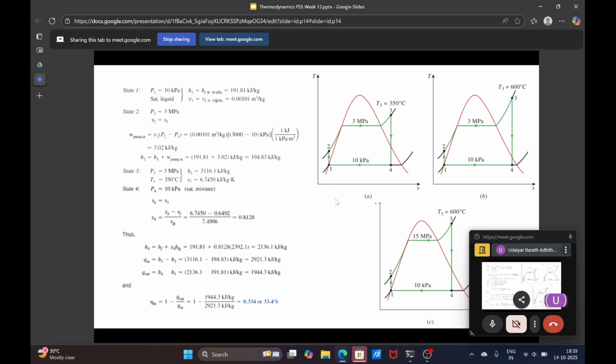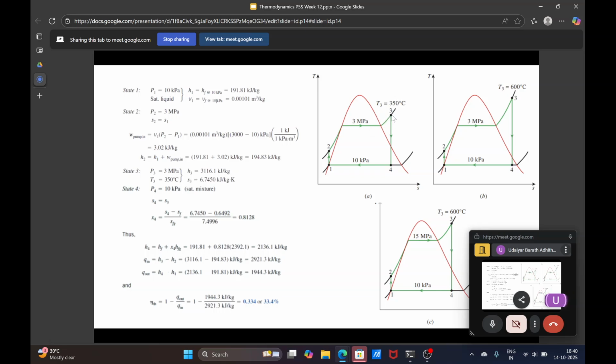So we can straight away get the enthalpy at 1, and using the same process which we did previously, since the specific volume at 1 is known and the pressure difference is known, we can estimate the enthalpy at 2. The enthalpy at 3 is also known, because to locate this point we need two state points, and that is known: pressure and temperature.